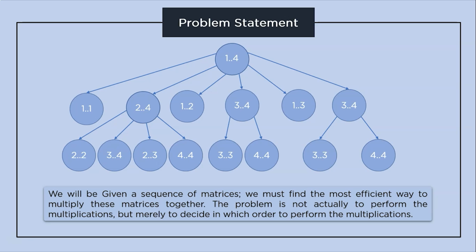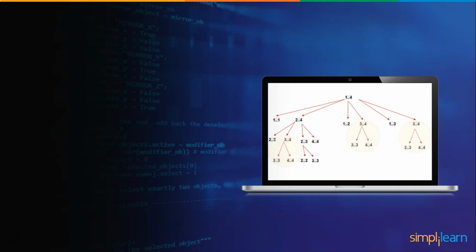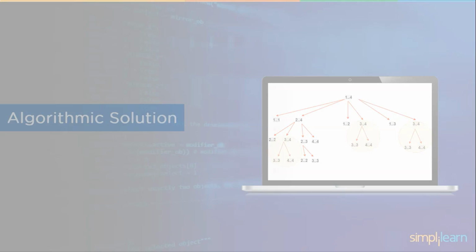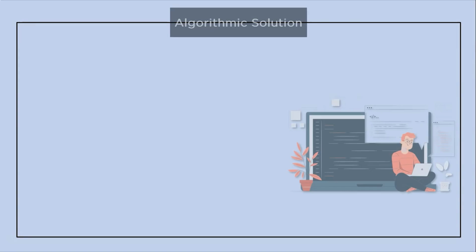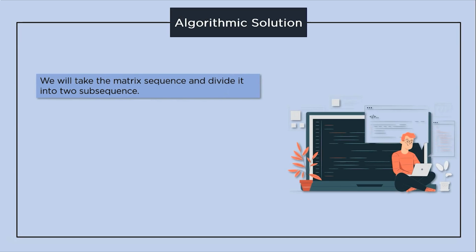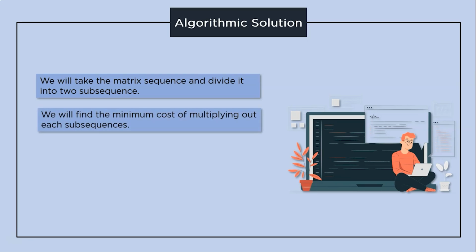Now, let's discuss the algorithmic solution to the matrix chain multiplication. First, we will take the matrix sequence and divide it into two subsequences. Then, we will calculate the minimum cost of multiplying out each subsequence.